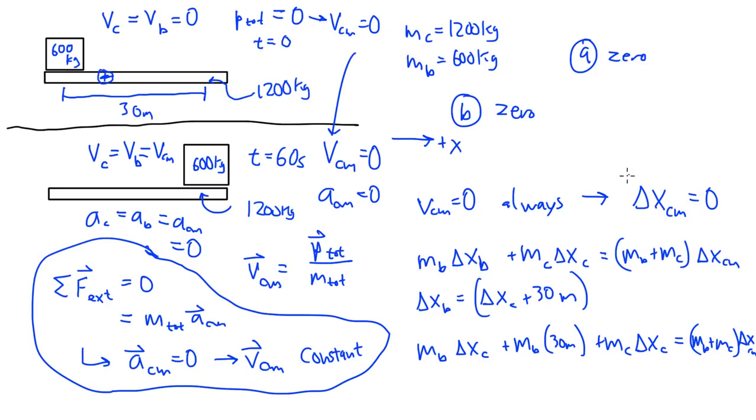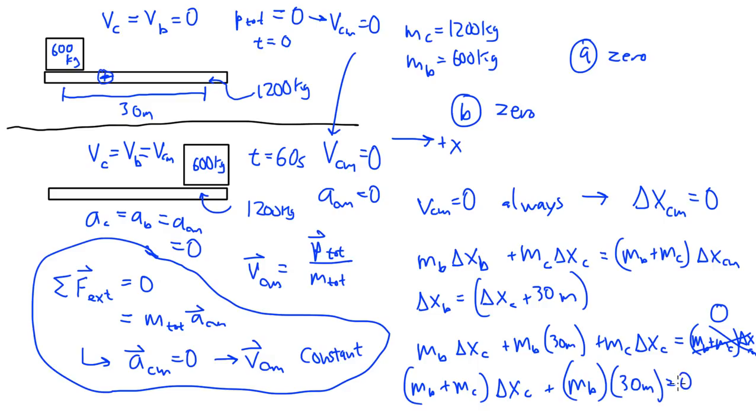Except we just said delta x for the center of mass is 0, so we can just make this 0. What we get now is mb plus mc times delta xc, plus mb times 30 meters, equals 0.